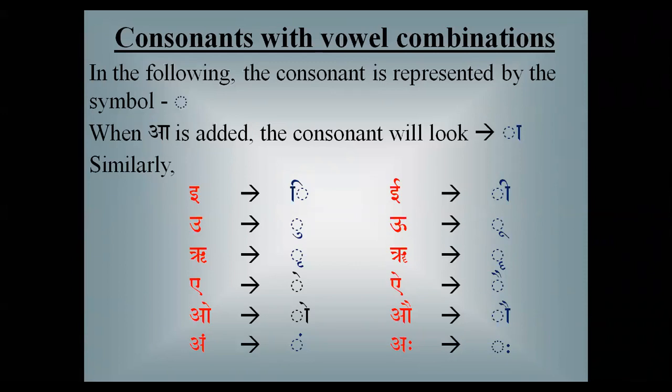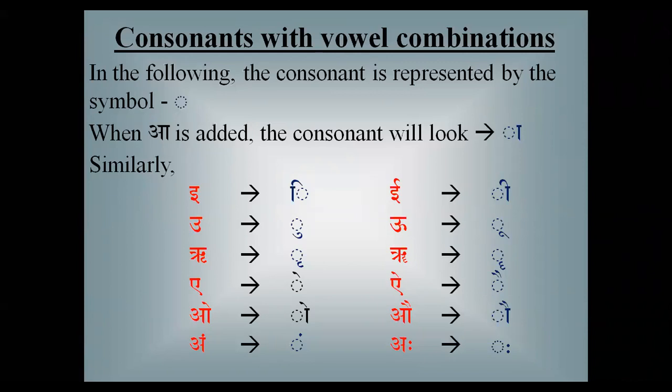When O is added, then the consonant will have a vertical stroke to the right as well as a stroke at the top. So O is represented by the vertical stroke to the right of the consonant and a stroke at the top. That sign is called the vowel sign, the vowel sign of the vowel O. When O is added, one more stroke comes.